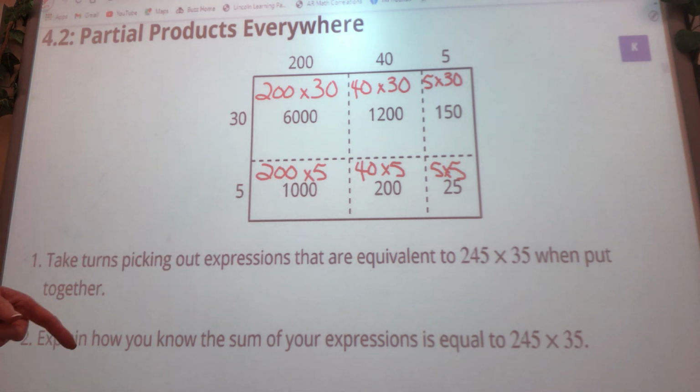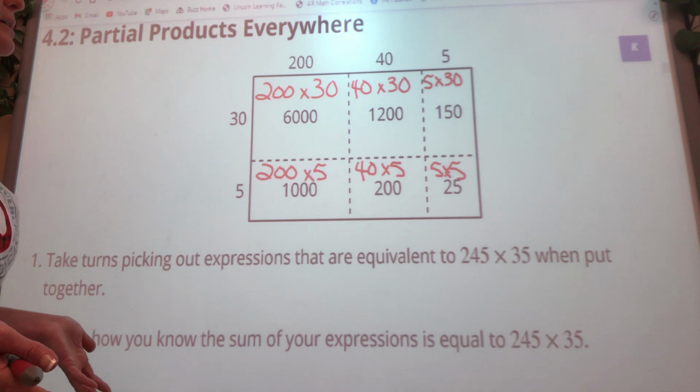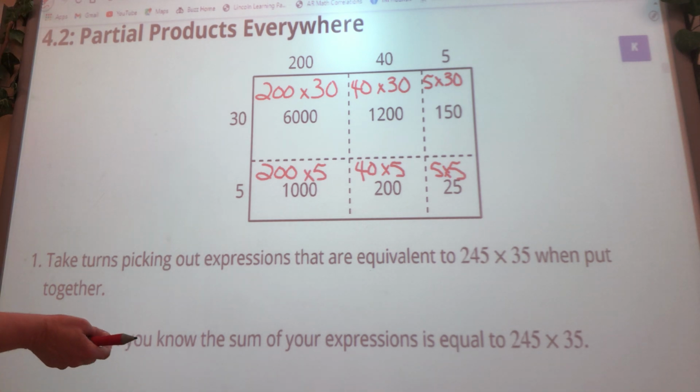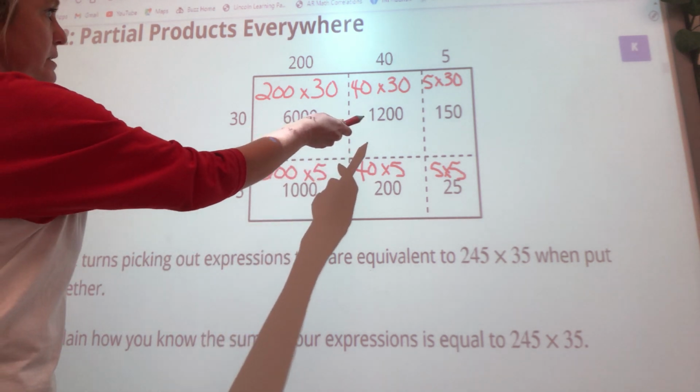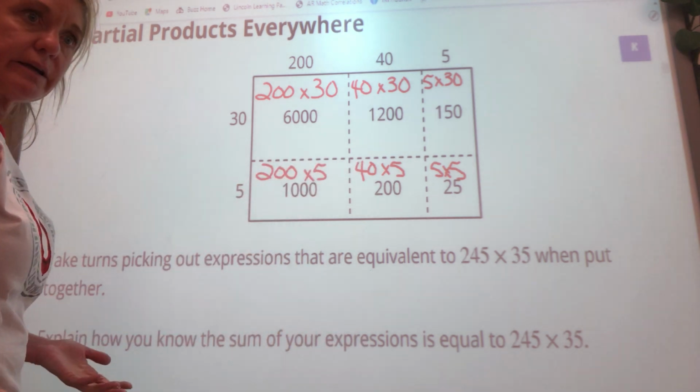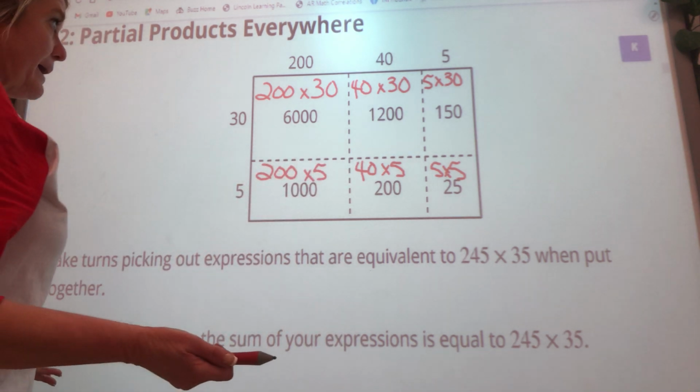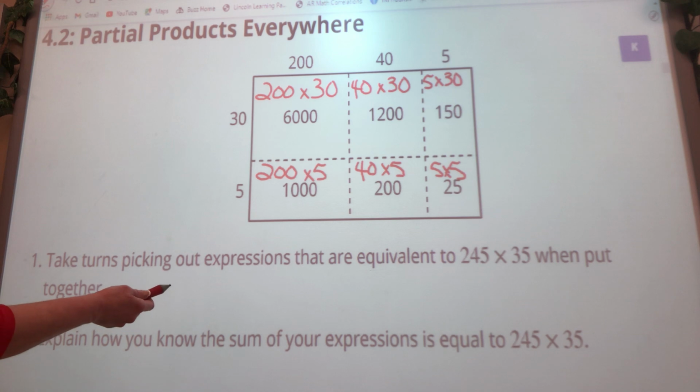So we have written 6 expressions that will equal up to 245 times 35. Now, if we wanted to just write one big expression, what happens if I take this and this and this and this and this and add them all together? I'm going to get that same answer, aren't I?